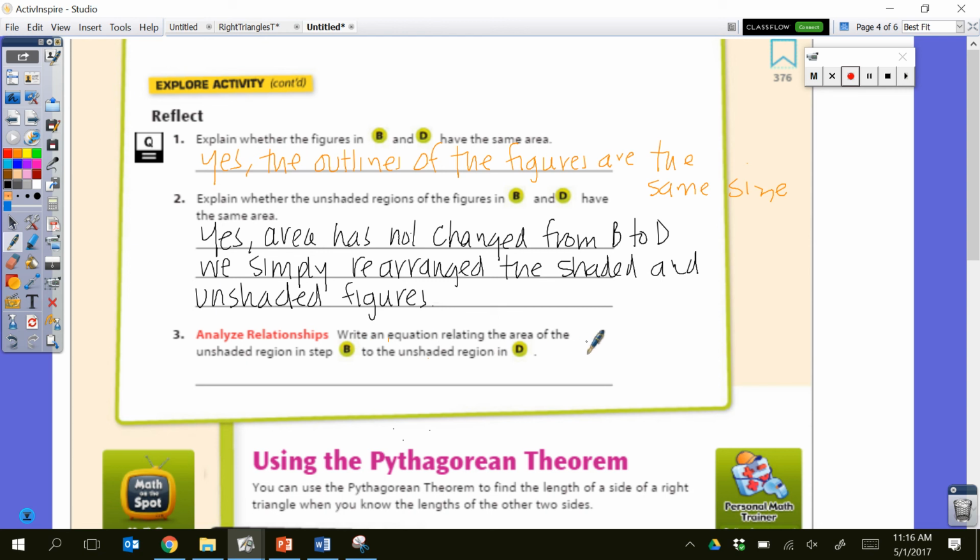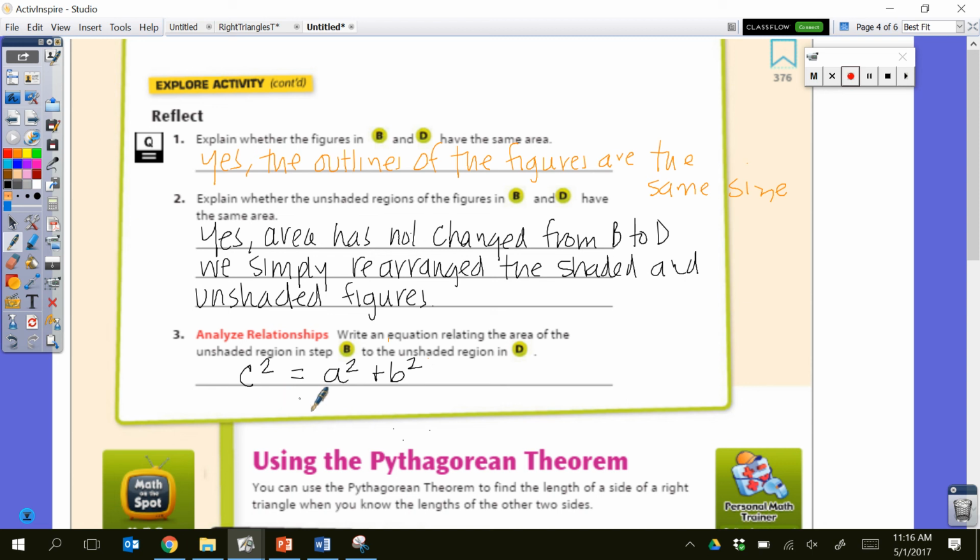Write the equation relating the area of the unshaded region in B to the unshaded region in D. And so that was C squared for B, which means that's going to equal the same thing as A squared plus B squared. So the area in the second figure configuration is equal to the area in the first configuration.